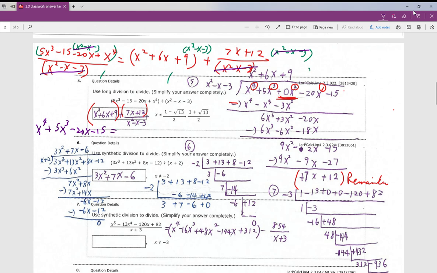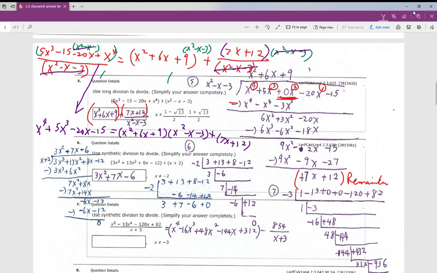So you have only the dividend, and then you have x squared plus 6x plus 9, and then times x squared take away x minus 3, and then plus your remainder, which is 7x plus 12.